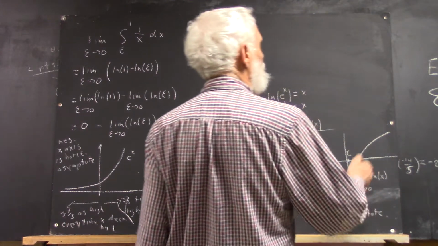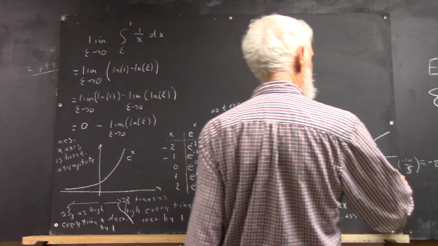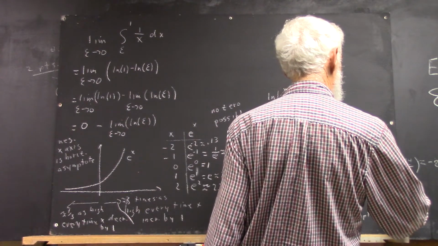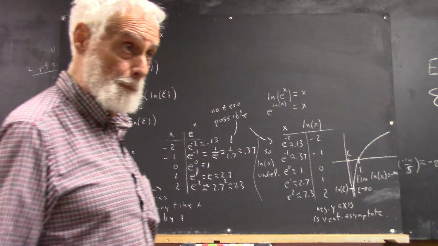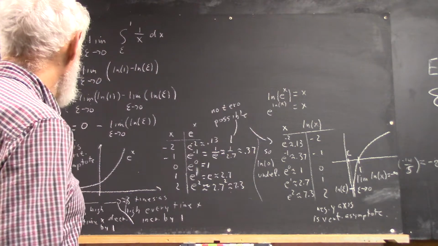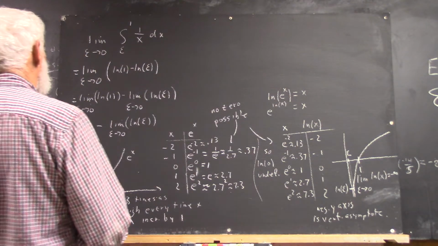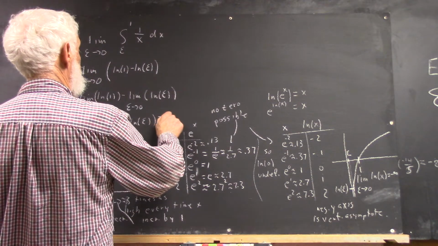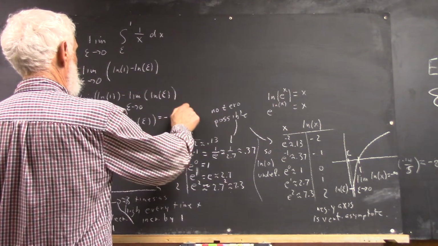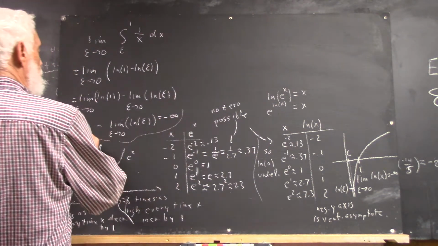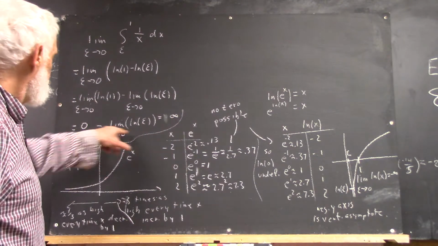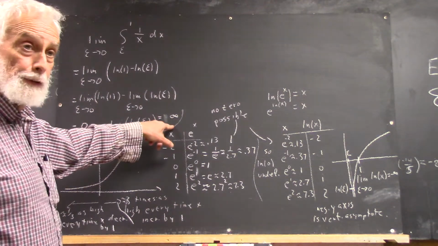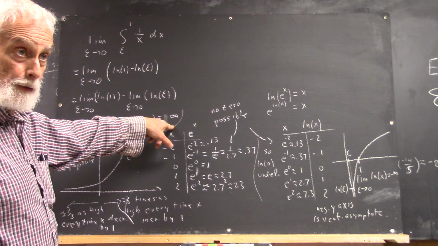The value of natural log of 0 is undefined, but the limit is, badly written, negative infinity. Okay? And of course, this limit is negative infinity, but it's minus this limit, so the limiting value here is infinity, right?